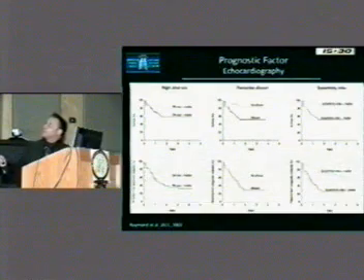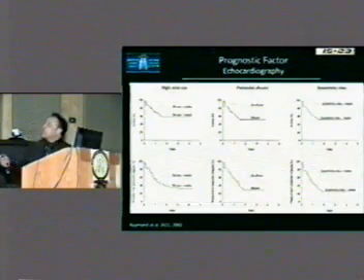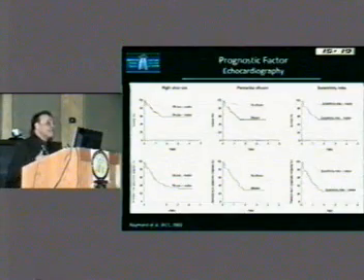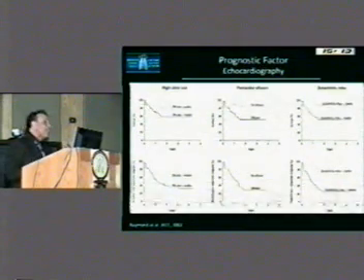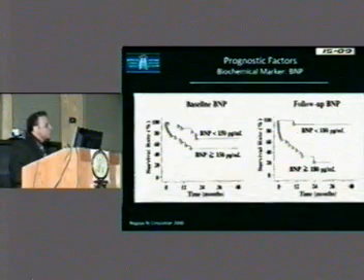Those who have pericardial effusion, they have worse outcome because it indicates florid heart failure. Those who have basically high Tei index and low TAPSE measurement, again indicating low right ventricular function and worse outcome. So echo is extremely important in following the patient.